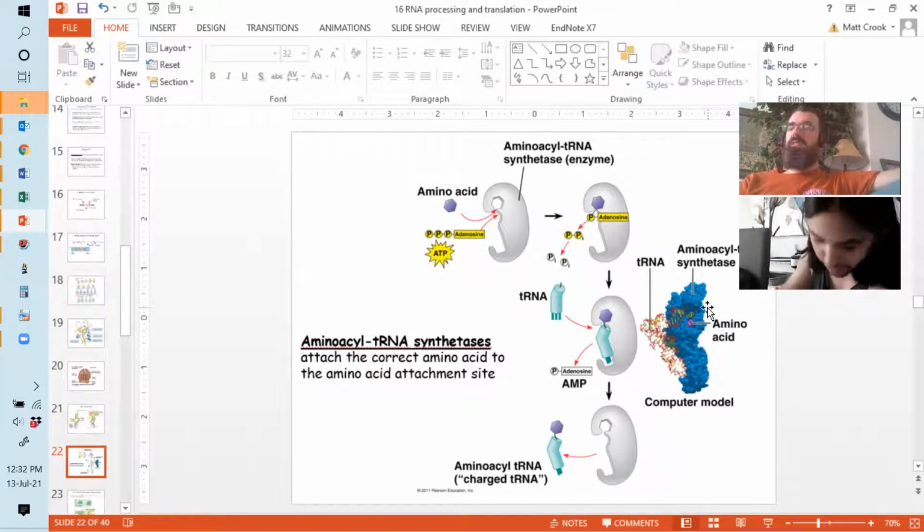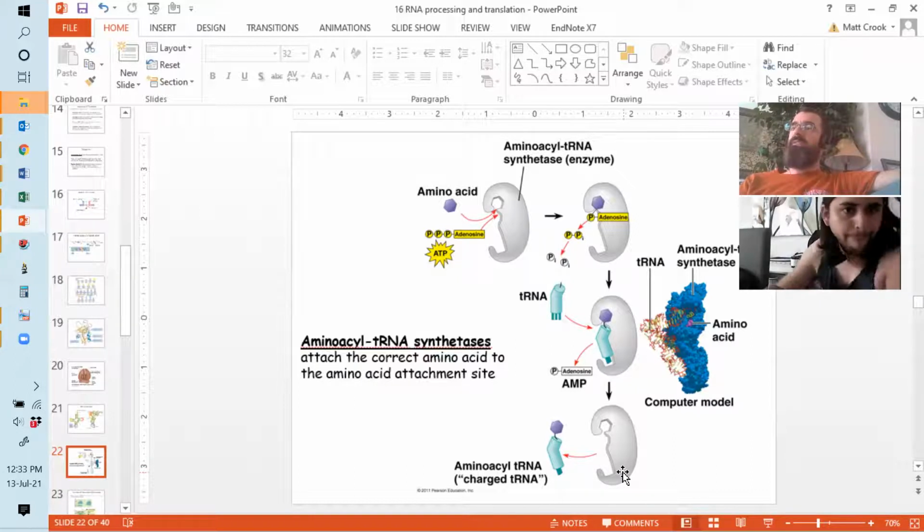It has two pockets. It has a pocket for the amino acid, or three if you include ATP, and it has another pocket for the tRNA. That pocket fits only that tRNA.